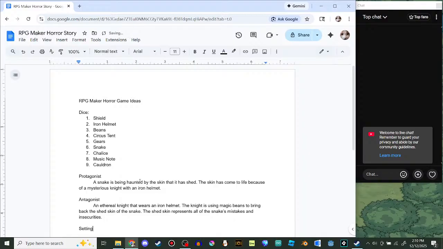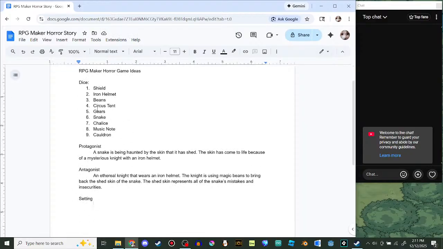Now, where is it set? We know it's not set in Japan. We have a circus tent. The story is set in a circus tent. Let's make it like a circus area.